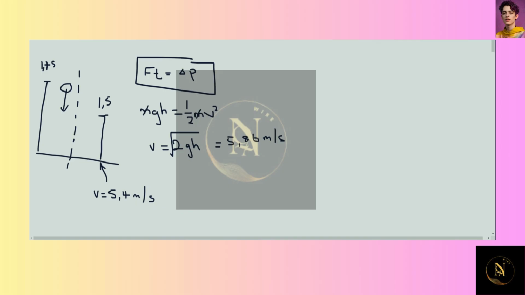Or you can just say this thing is traveling at 5.86 here, and then it has a negative velocity going the other way with 5.4. If you combine those velocities and multiply them by the mass, the total change in momentum for the system is around 3.83.